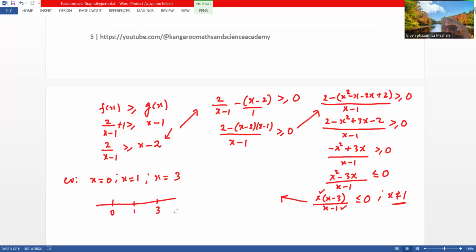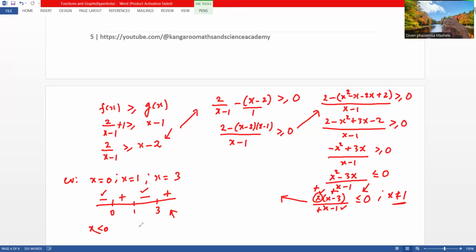It's 4. Substituting, 4 is positive, 4 minus 3 is positive, 4 minus 1 is positive, so positive divided by positive is positive here. That means the signs alternate: positive, negative, positive, negative. The inequality says less than 0, so the answer should be where there is a negative, which is any value less than or equal to 0 and the interval between 1 and 3.